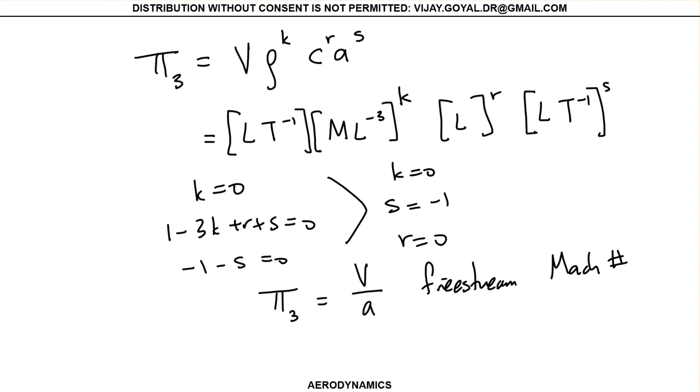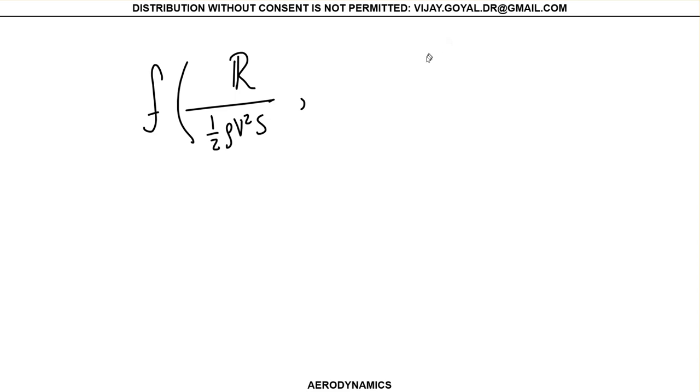So in the same way, we can find many, many different coefficients, and we are basically trying to say the following. My function that I started with was nothing else than a function of my Reynolds number, 1/2 rho V squared over S. This is rho V c over mu. This is nothing else than the Mach number. We usually use a double symbol, so we write it like this typically. And that has to be 0.